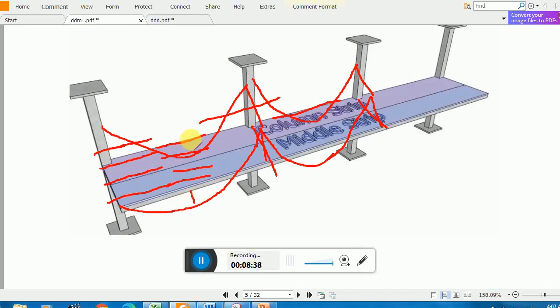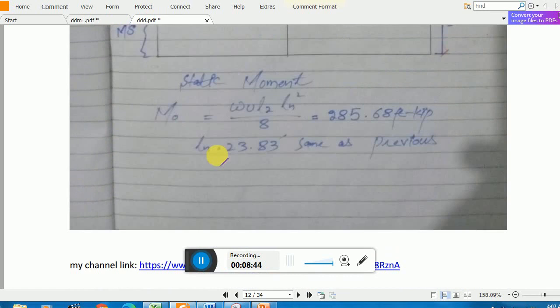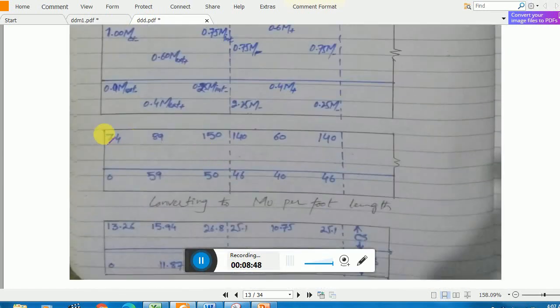And one important thing you must understand is the value for an exterior frame once we analyze it. Here you see 74 negative, but here the positive movement looks smaller.